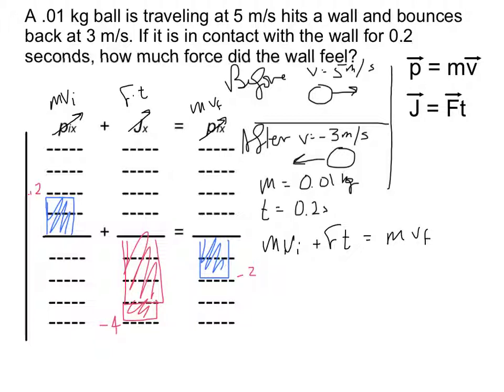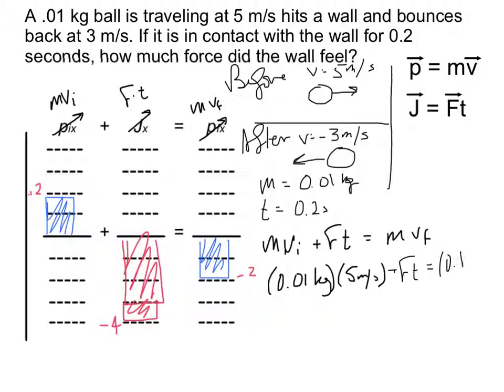Then we substitute and evaluate. 0.01 kilograms times 5 meters per second plus force times time is equal to 0.01 kilograms times negative 3 meters per second.